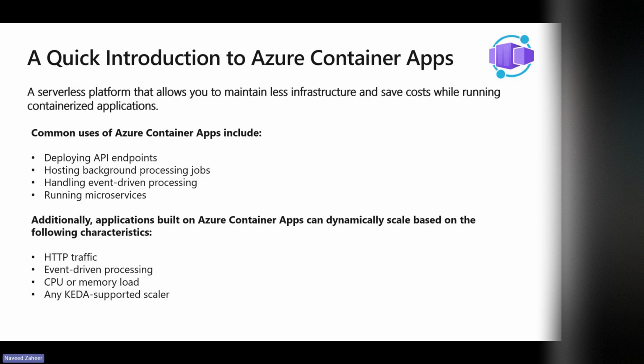And just keep in mind that you can scale them. You can scale them based on HTTP traffic, based on the usual suspects like memory and CPU, and based on KEDA, which is Kubernetes event-driven autoscaling. So these are the things that you can do with Azure Container Apps.